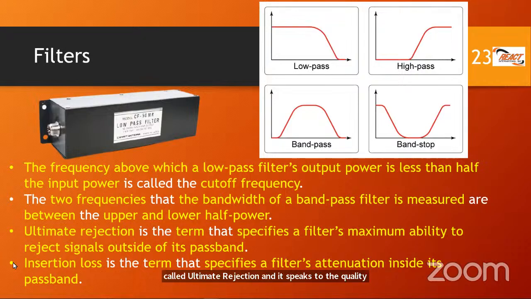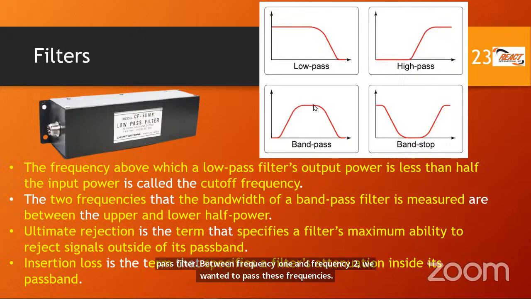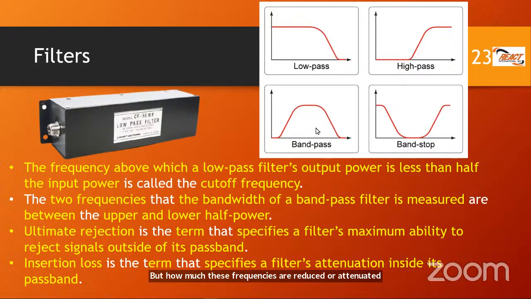And then insertion loss is a term that specifies a filter's attenuation inside its passband. So what do we mean by that? Let us say for this bandpass filter, between frequency 1 and frequency 2, we wanted to pass these frequencies. But how much these frequencies are reduced or attenuated is the insertion loss for this particular filter.